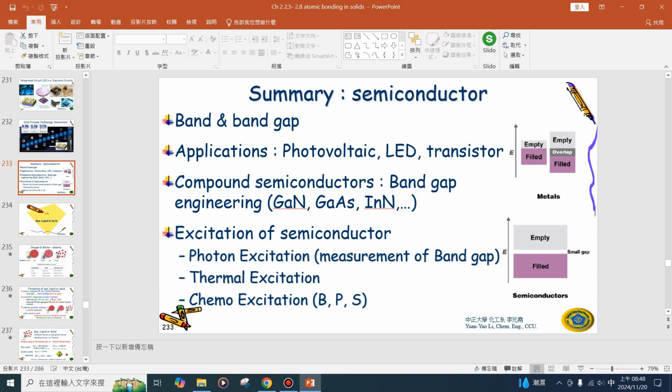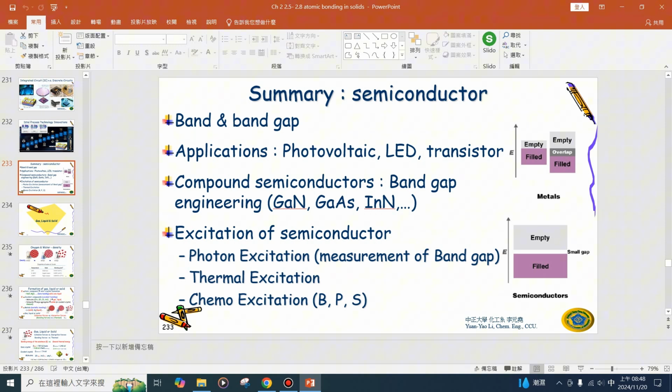Right, the third one, which is the most important one, we call chemical excitation. By putting different dopants in the semiconductor, such as silicon, you can also change the conductivity of the semiconductor. The case here is that you use boron, or phosphor, or sulfur to change the conductivity.